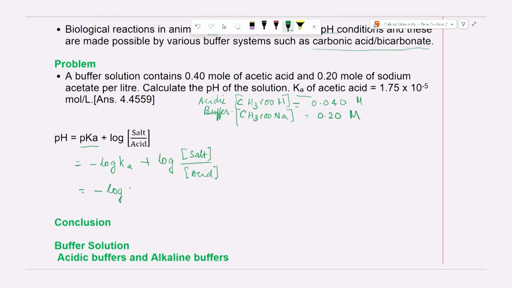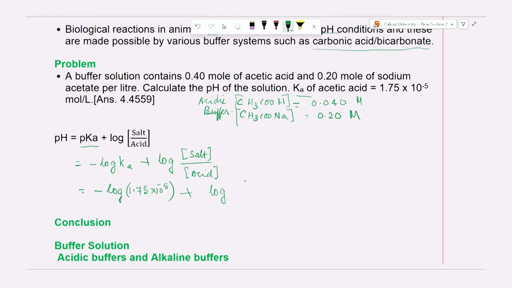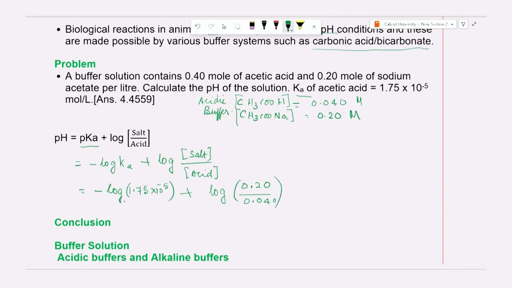What is the value of Ka? 1.75 into 10 to the power minus 5, plus log of concentration of the salt, that is sodium acetate, 0.20, divided by the acid, 0.040. Now, solving that using a scientific calculator, you will get the answer as 4.4559 as the pH.